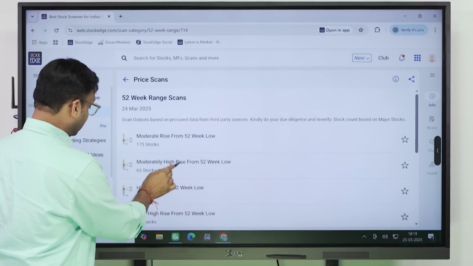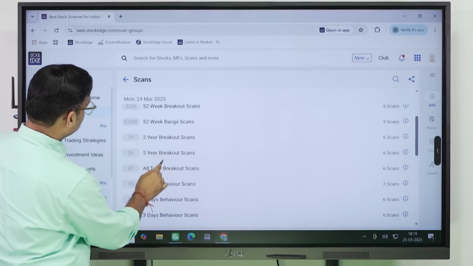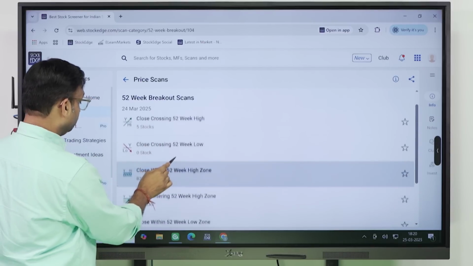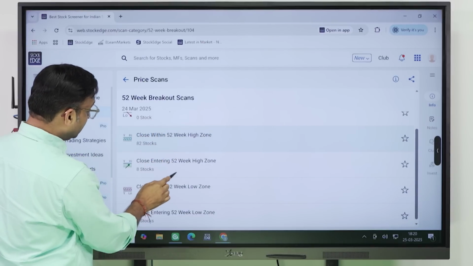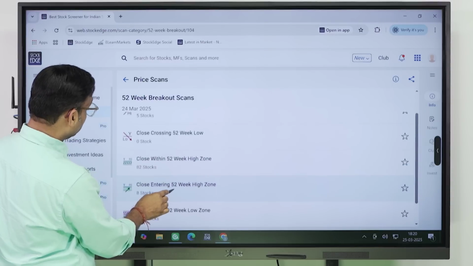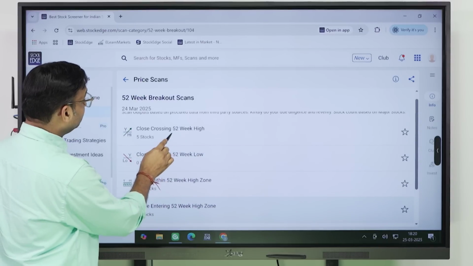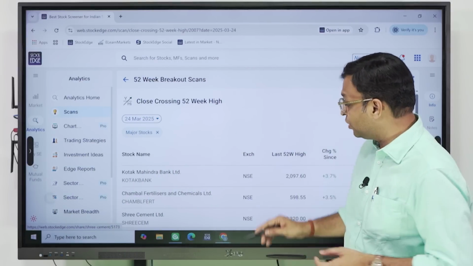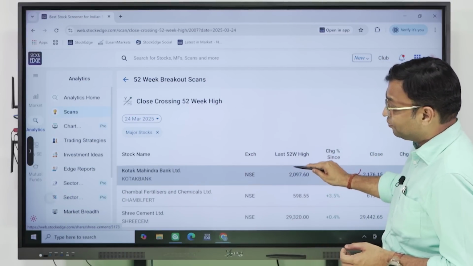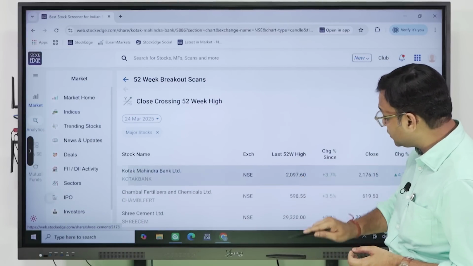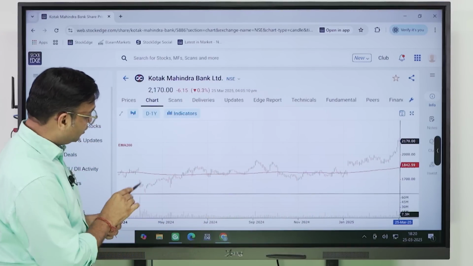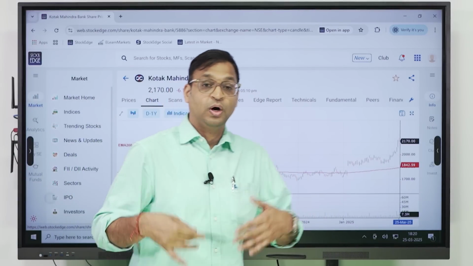For example, let's go to the 52-week breakout scan, and let's go to stocks close to entering the 52-week high zone or crossing the 52-week high. These are the stocks I will probably be more interested in, because if a stock is crossing its 52-week high, there is a reason for that stock to go up.